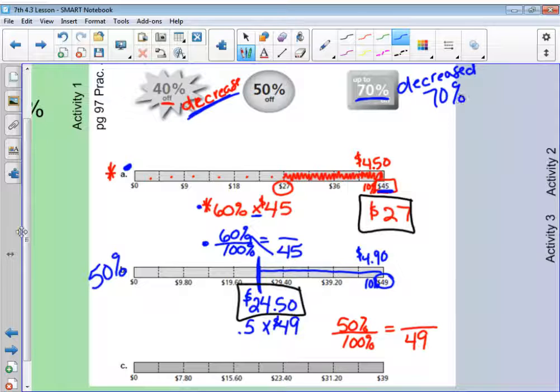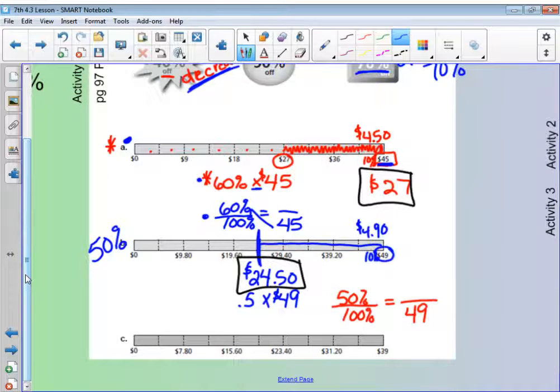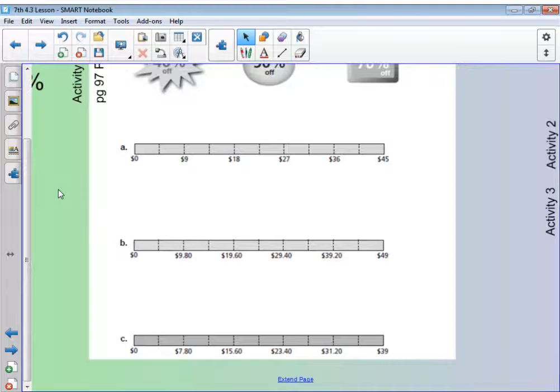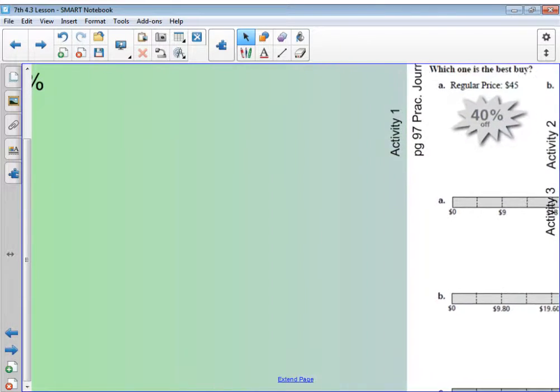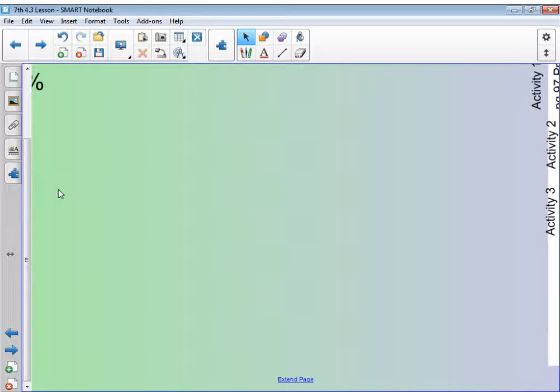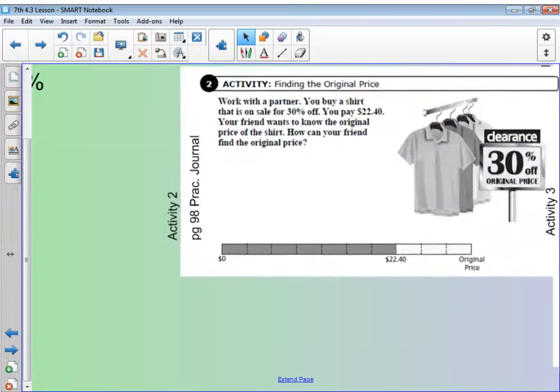So you'll have to do that initial step of subtracting off. Finish this up, and then check your answers with my answer key when you're finished. All right, so let's look at activity 2. You can pause your video and finish activity 1, just so that I'm not getting ahead of you and then you're forgetting what we've already worked on.